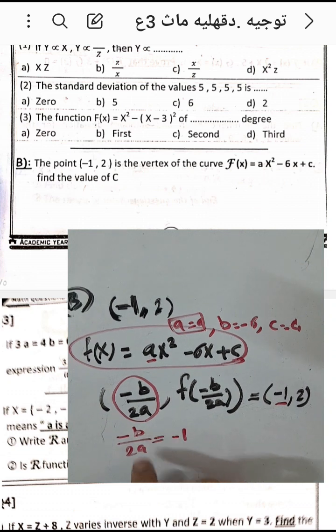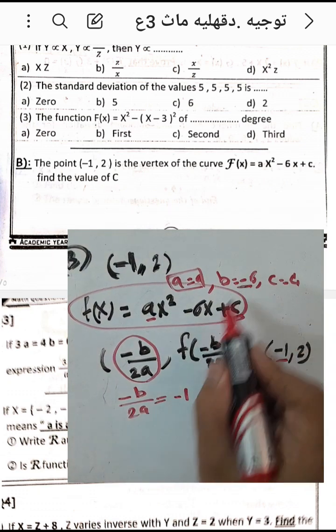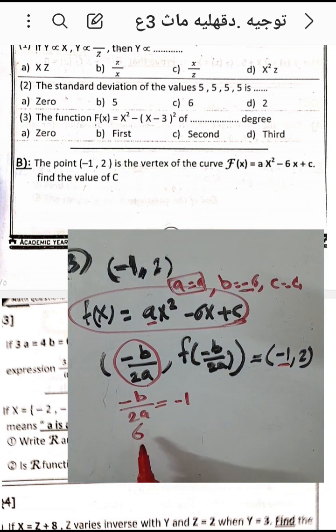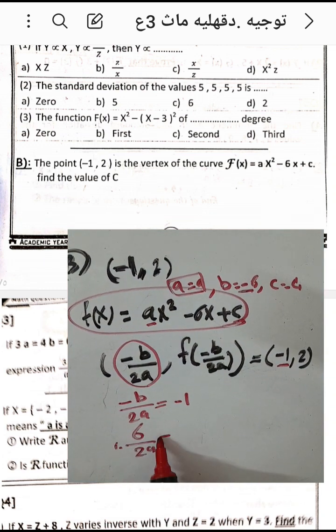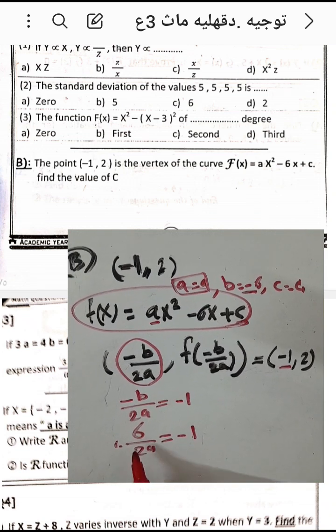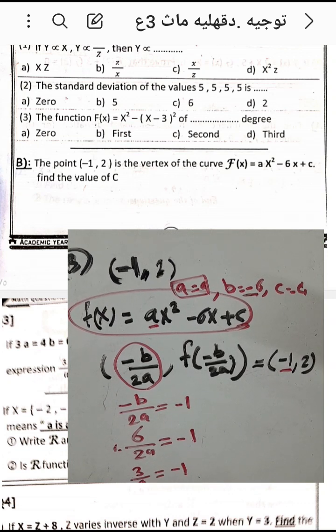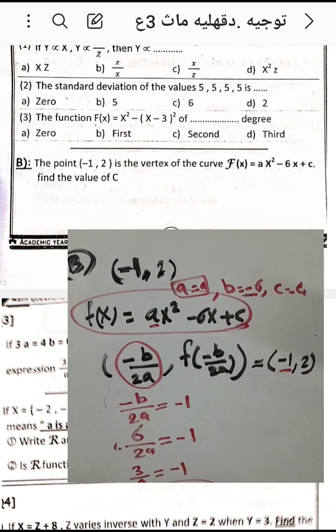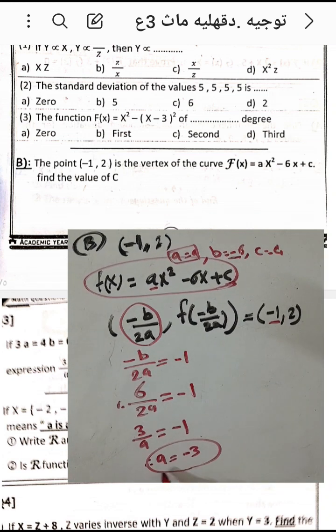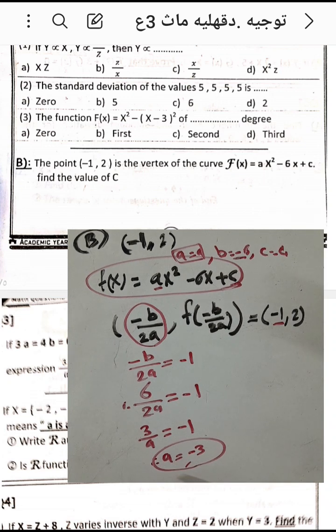Negative times negative will be positive, because b equals negative 6 but negative times negative equals positive. 6 over 2a will be negative 1. We can simplify it. 6 divided by 2 equals 3, then 3 over a equals negative 1, then a equals negative 3, because 3 divided by negative 3 equals negative 1. Then the value of a equals negative 3. Okay.